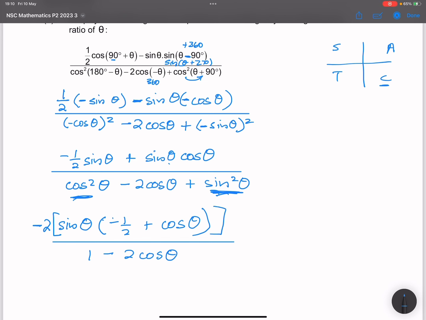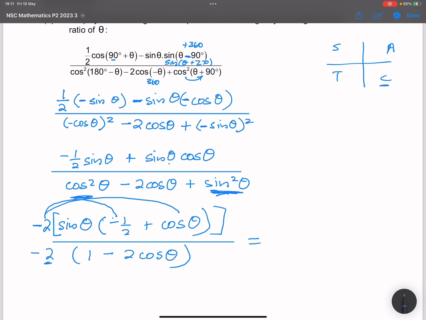Times negative 2 over there. So what do I now have? I'm going to leave this negative 2 here, but I'm going to multiply this negative 2 to those guys over there. Remember, in that case, I would have changed absolutely nothing.